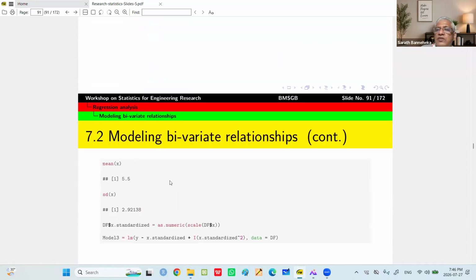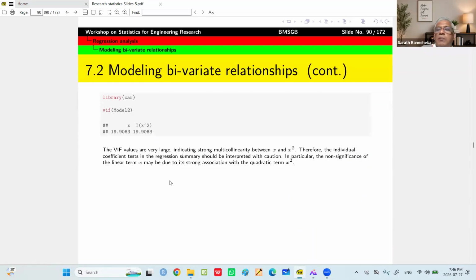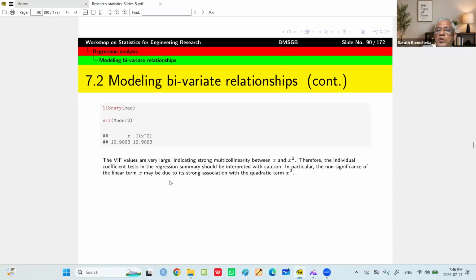In that kind of situation, when there is a multicollinearity problem, usually what we do is, instead of using x as it is, we use standardized x values in the model. You standardize x by subtracting the mean of x and dividing by the standard deviation of x.